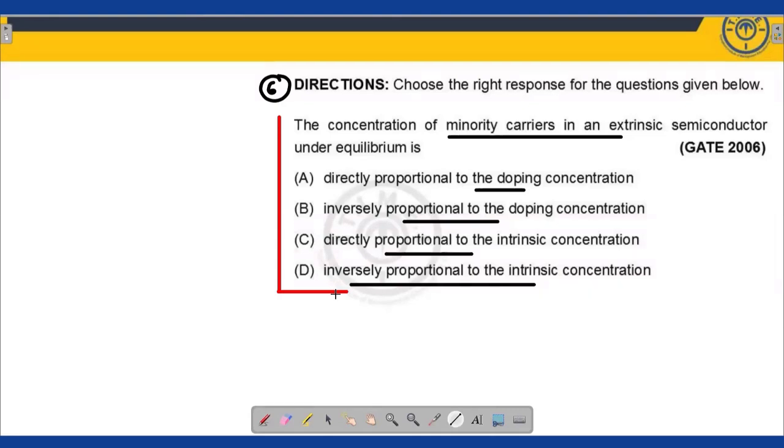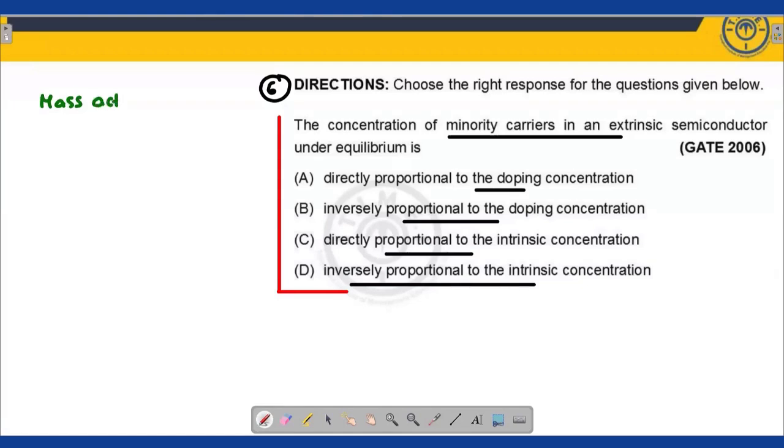So minority carriers in an extrinsic semiconductor. If I'm going for the minority carriers, the doping concentration and he has given intrinsic concentration. By seeing this particular question, you came to one notice that we need to use the mass action law. What does the mass action law say?